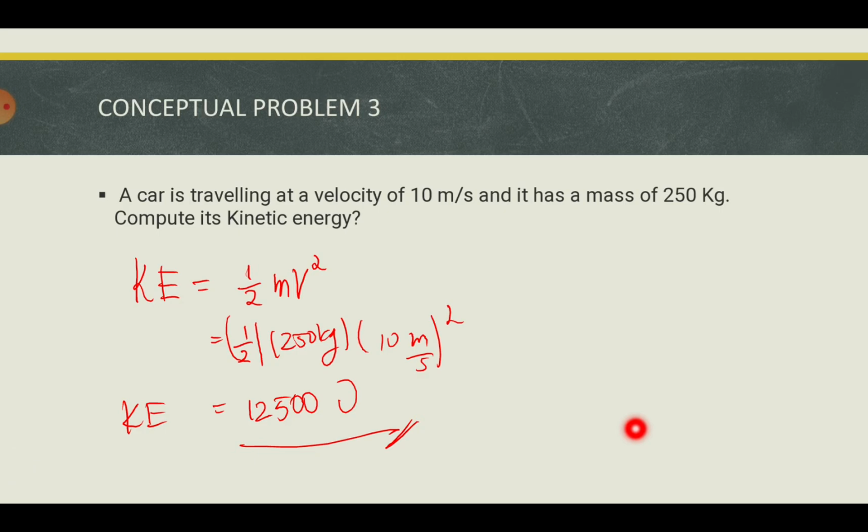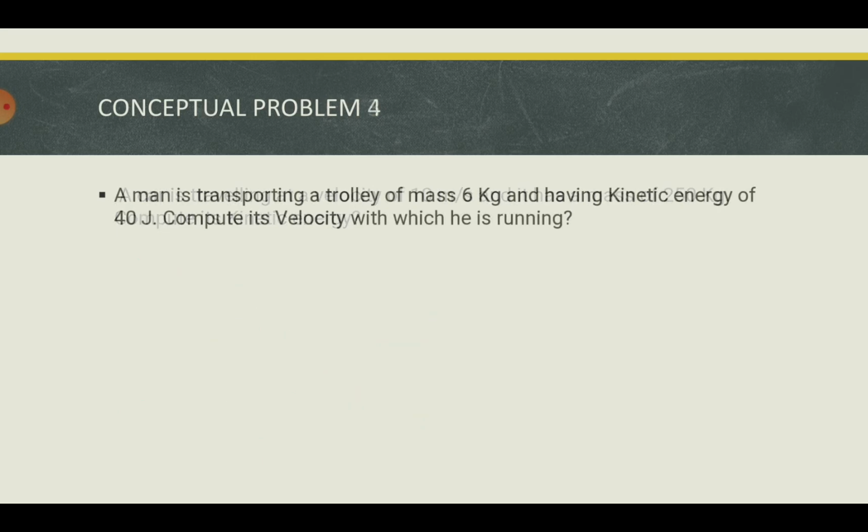Next, a man is transporting a trolley of mass 6 kg and having a kinetic energy of 40 joule. Compute the velocity with which he is running. So we have this trolley at a mass of 6 kg and having a kinetic energy of 40 joule.